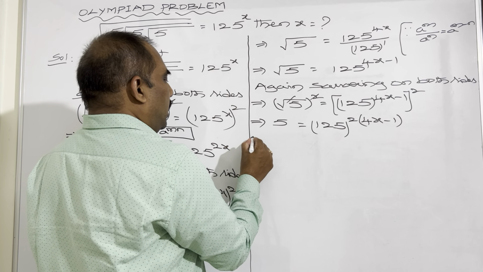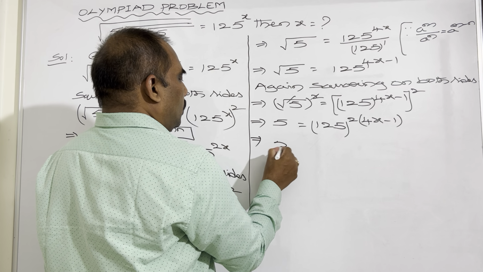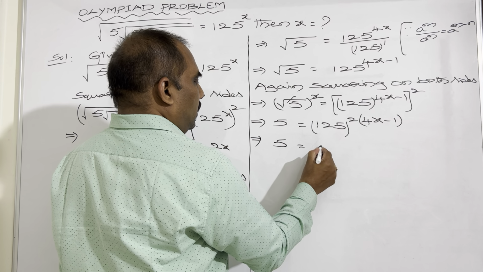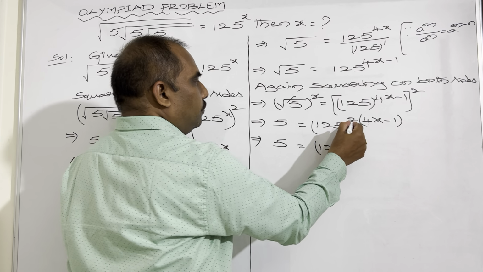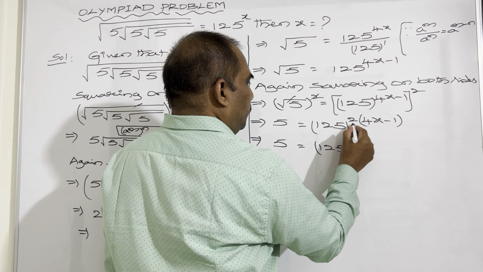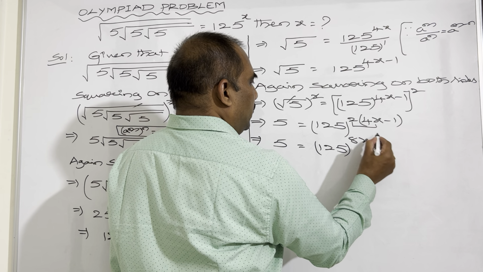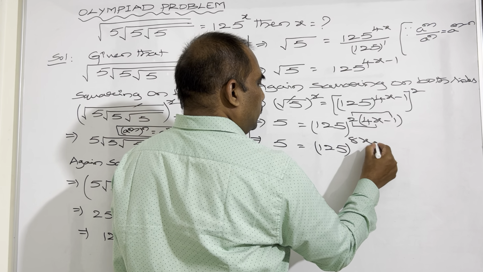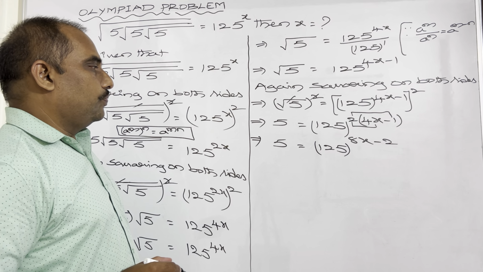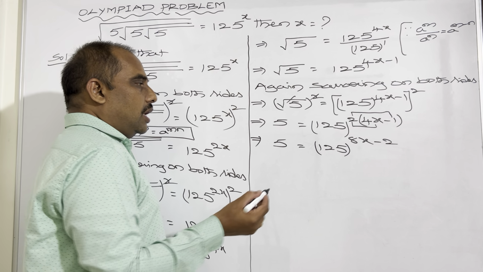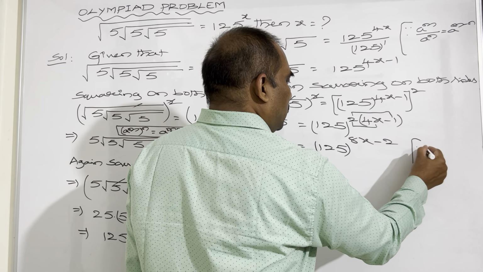So now it becomes 5 equal to 125 whole to the power of, if you multiply by 2, this is 8x and 2 into 1 is 2, so finally we get 8x minus 2.